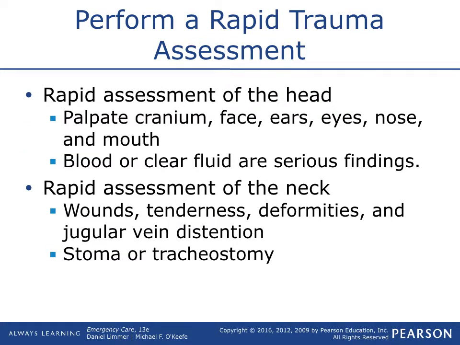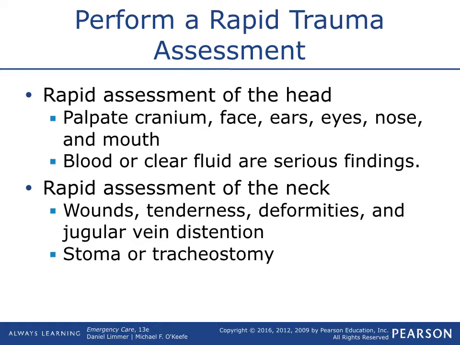Performing the rapid trauma assessment, palpate the cranium, face, ears, eyes, nose, and mouth. Blood or clear fluid are serious findings, especially clear fluid out of the ear. We start with the head, right? So palpate the cranium, face, ears, eyes, nose.